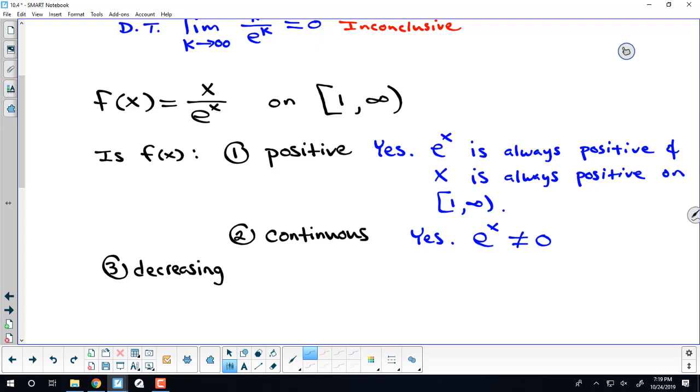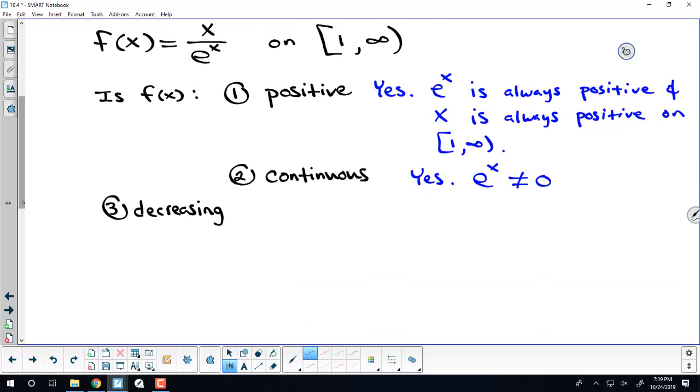So e to the x is growing much more quickly than x. So if we have 1 over e, 2 over e squared, 3 over e cubed, but you'll have to justify it somehow. So we'll say, we don't know, but the first derivative of that function, plus second derivative of the first.